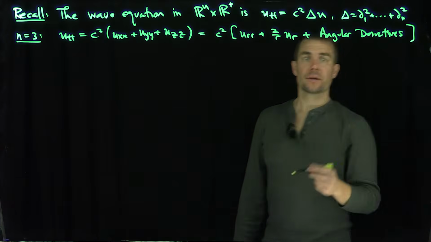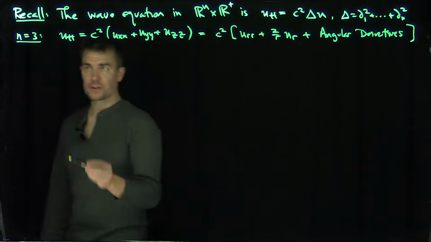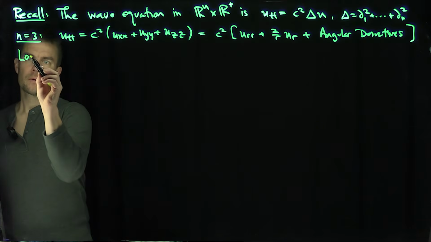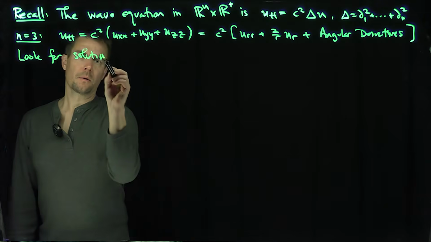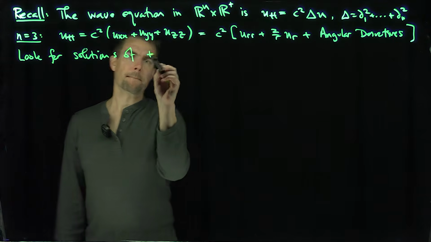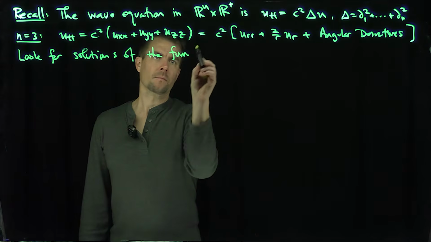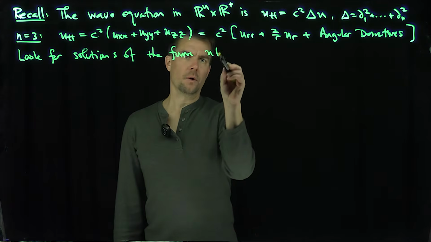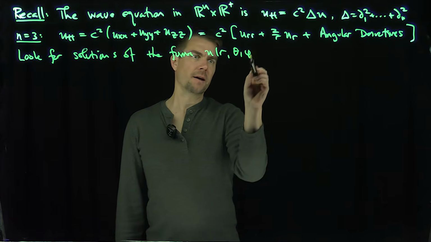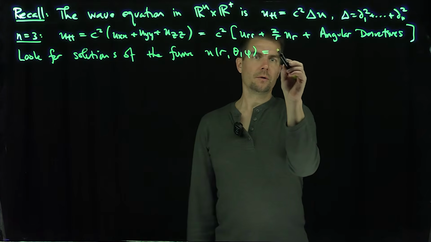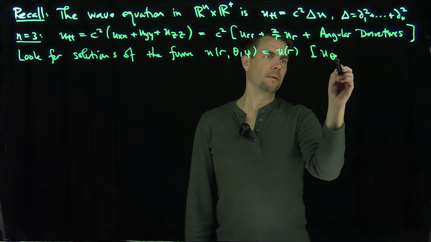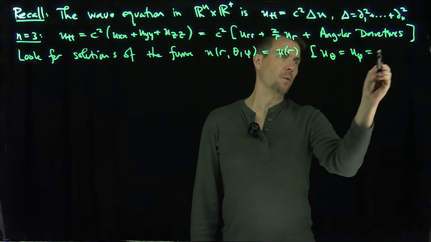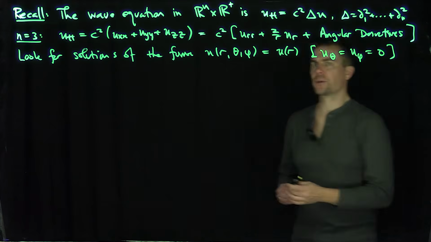For this video, we don't need the exact formula of the angular derivatives, because we're going to look for solutions of the form u(r, theta, phi) equals u(r), i.e. u_theta equals u_phi equals 0. There's no angular dependence on this function.